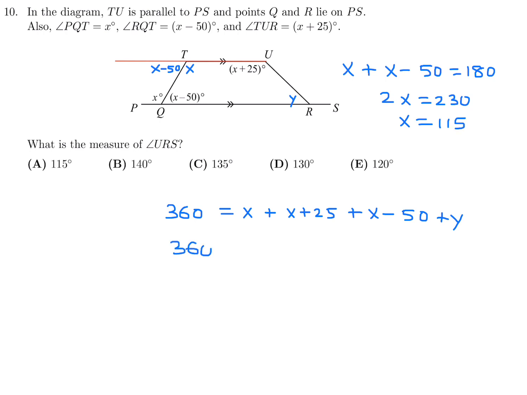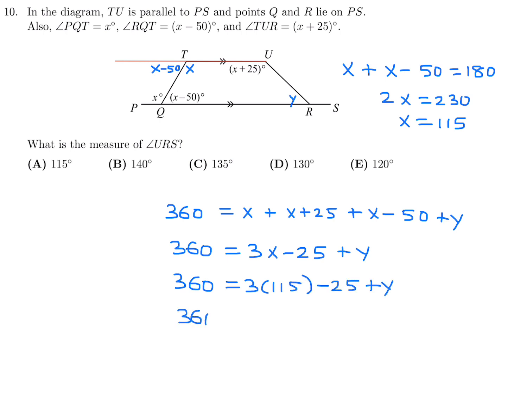So 360 is equal to 3X minus 25 plus Y. So that means I can substitute in X is 115: 345 minus 25 plus Y. So 360 is equal to 320 plus Y. So 360 minus 320, Y is 40.